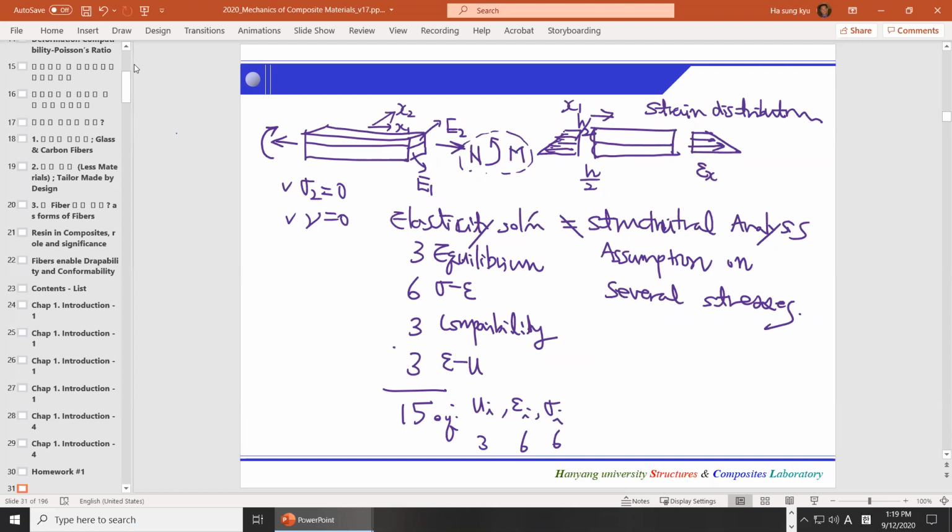But very importantly, in real structures, such as a beam, plate, or shell, there are some components that are very small.